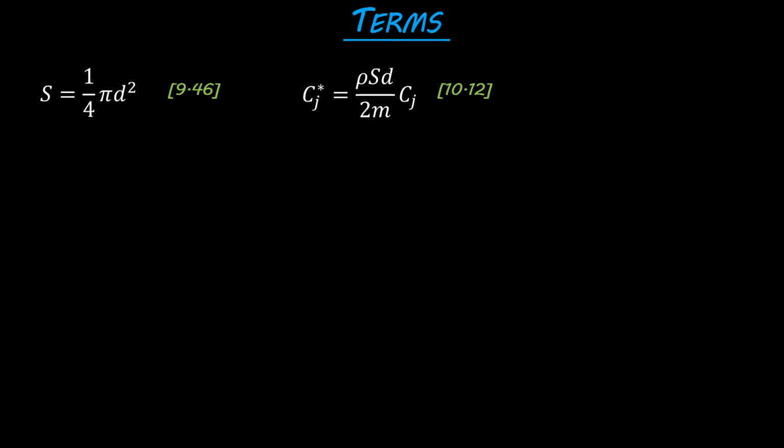Here, J is just a stand-in for whichever particular coefficient we're looking at, so C sub D, then C star sub D, or C sub L, C star sub L. The starred version captures these other parts, taking into account density, reference area, diameter, and mass, to create a starred coefficient.